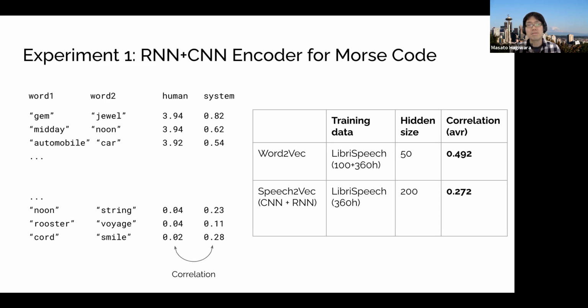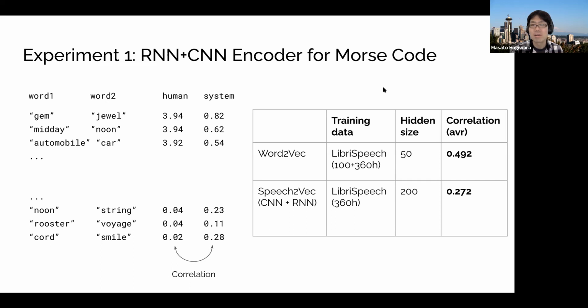We wanted to know if these audio embeddings can recover the semantic relationship between words just from the audio, just from the Morse code. It's really hard, right? It's really hard if you know nothing about Morse code. They just sound all the same. But neural networks can actually do this.